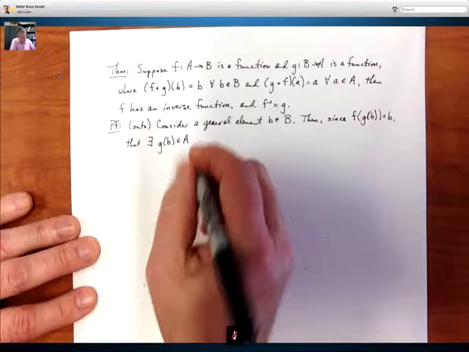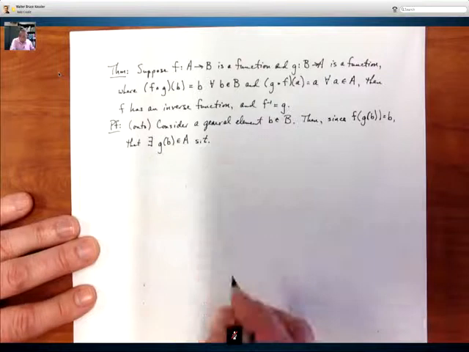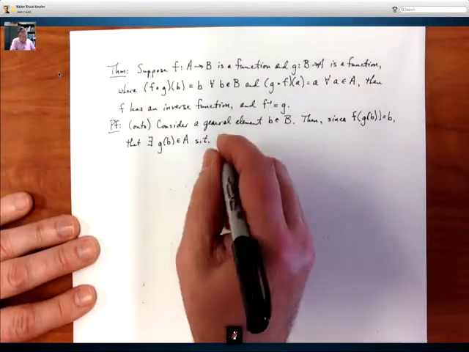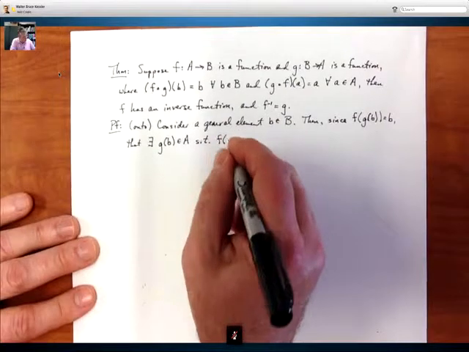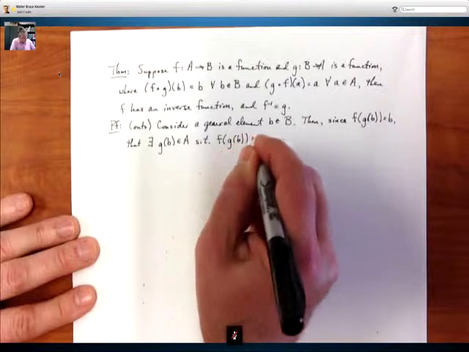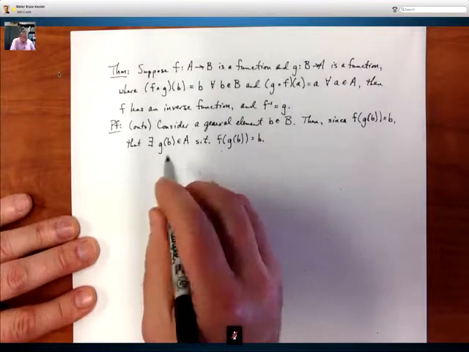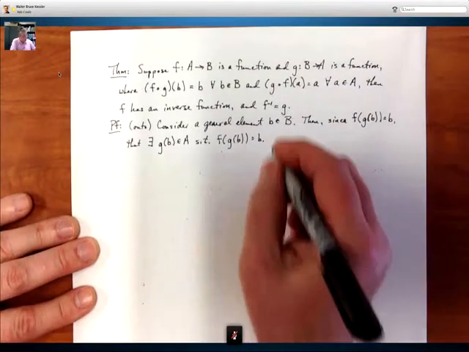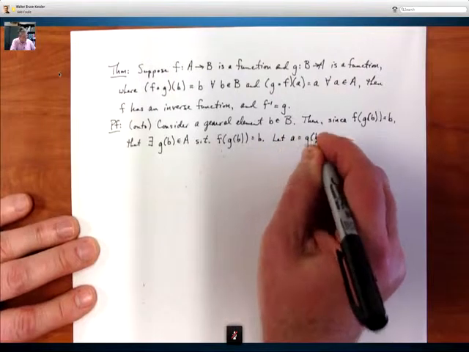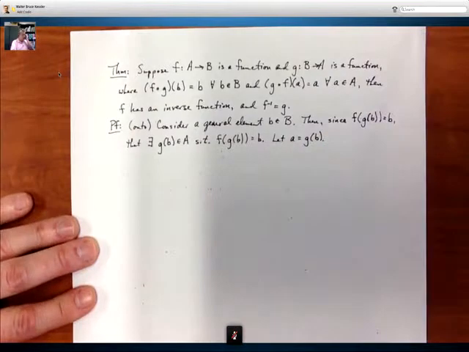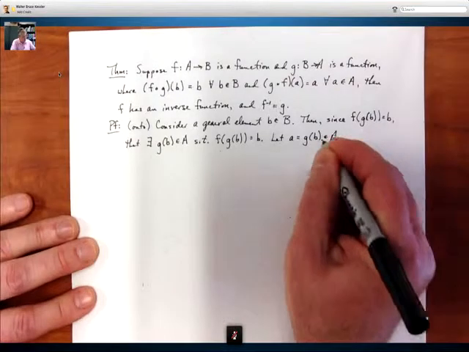This is in A, such that F, well, I just said this, G of B gives me. Okay. So we can call this something cleaner if you want to. Okay, just call it maybe A. It's definitely in the set A.